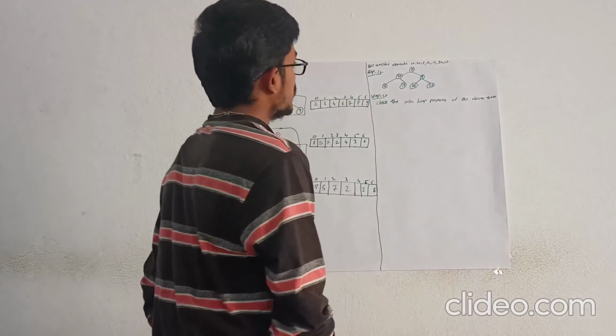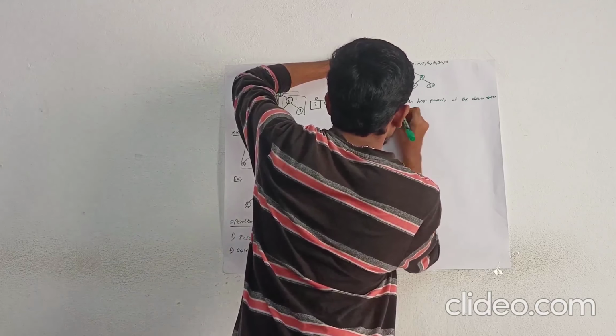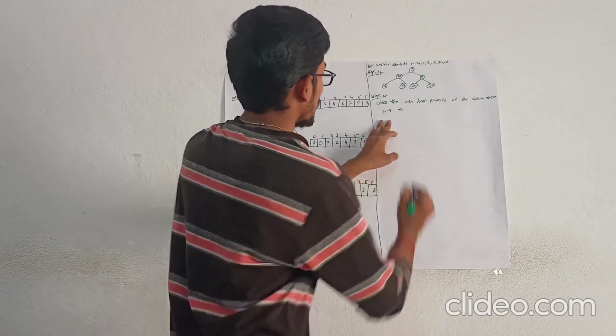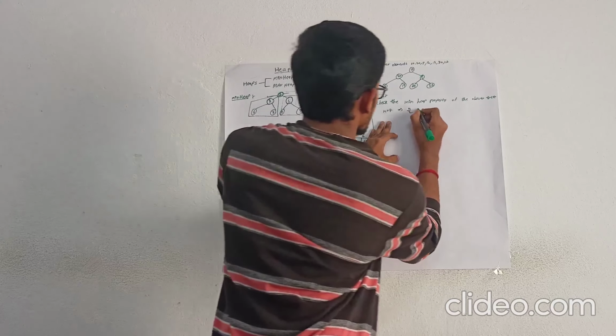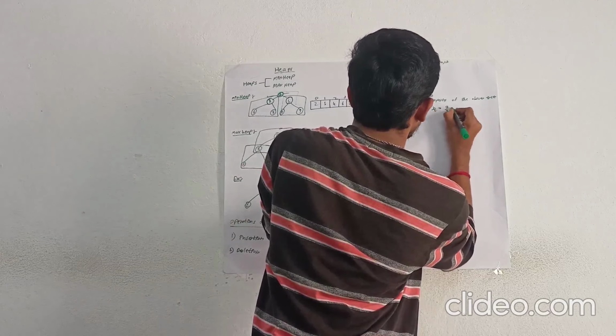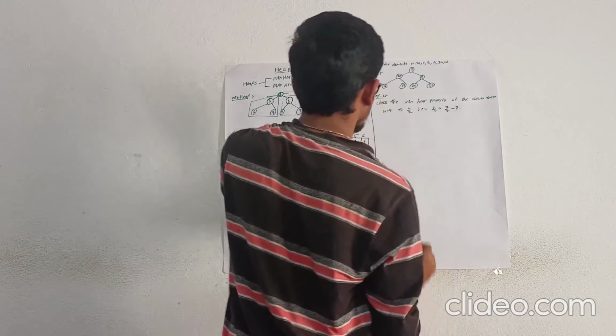Now we can check whether the above tree is a min-heap or not by using the n by 2 position. Here n is 7, so we are checking whether the min-heap property is satisfied at the n by 2 position, that is n by 2 is equal to 7 by 2 is equal to 3.